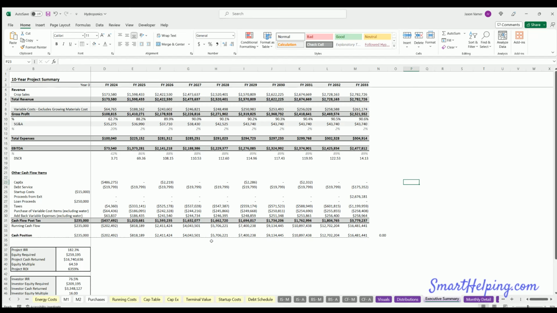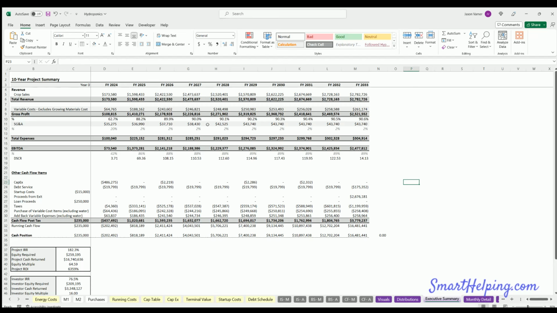The executive summary, this is where you're going to see a high level view of all items: revenues, costs, EBITDA, and then all other cash flow items, and then final cash flow post-tax.